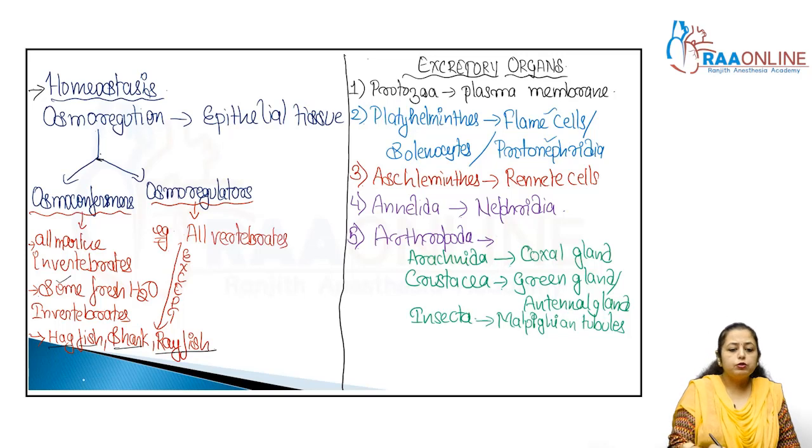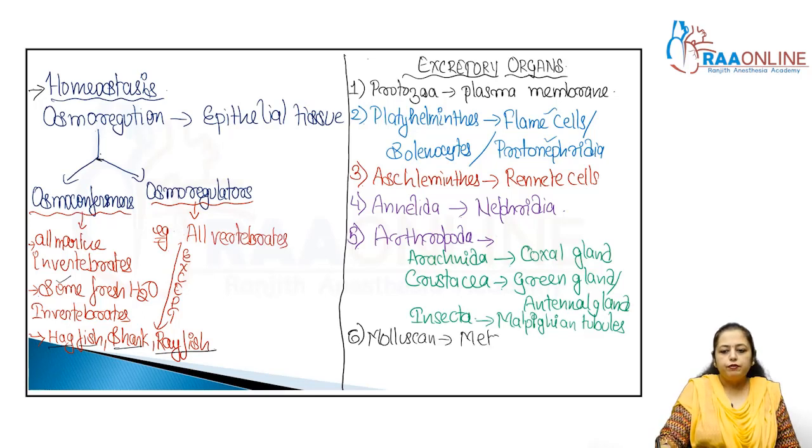When we talk about the molluscans, in molluscans the metanephridia, which is also known as the Keber's organ or organ of Bojanus, right? Molluscans, metanephridia, which is also known as the Keber's organ or organ of the Bojanus.